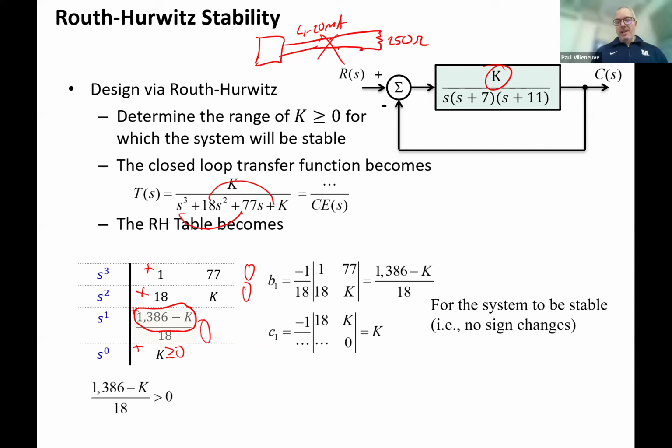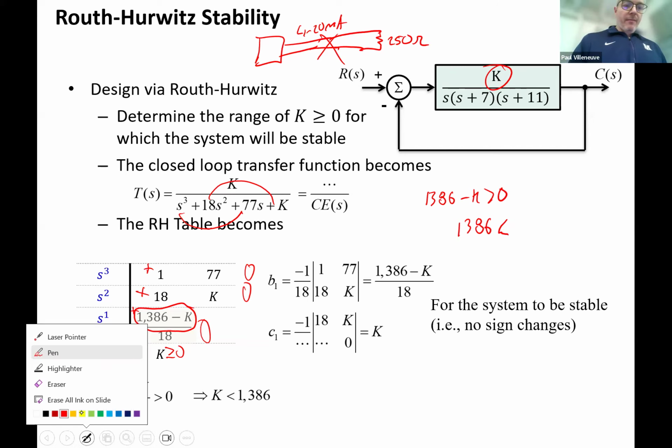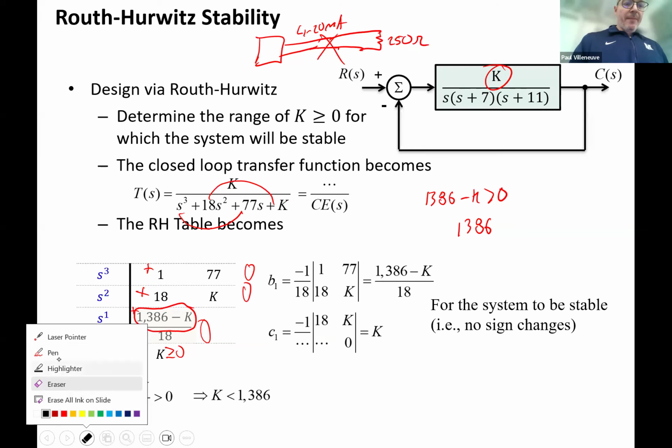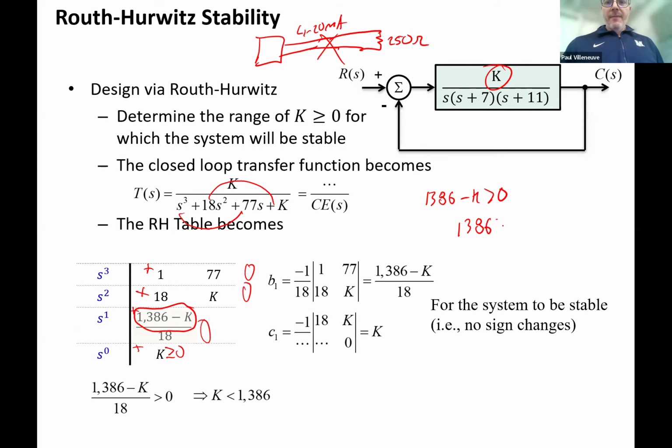So you can multiply both sides by the denominator. And remember, this is where it gets tricky. What we did the other day was we just moved K to the other side, correct?